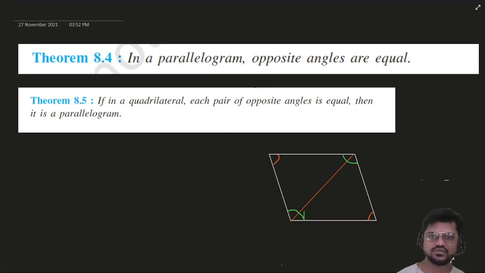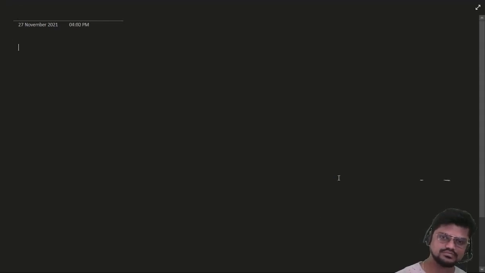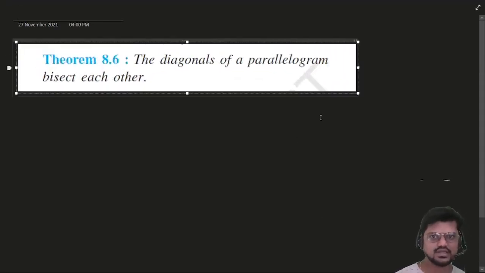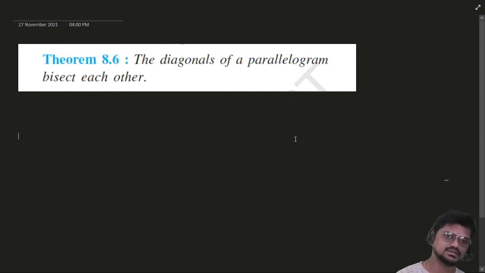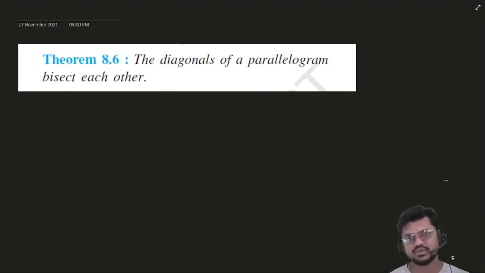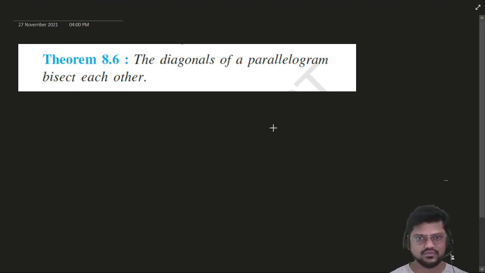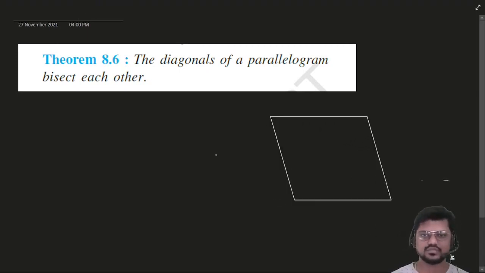The next: the diagonals of a parallelogram bisect each other. If they ask, you will have to prove it. They may ask. That is, the diagonals of a parallelogram bisect each other. Bisect each other means, suppose I draw a parallelogram, the diagonals are bisecting each other.